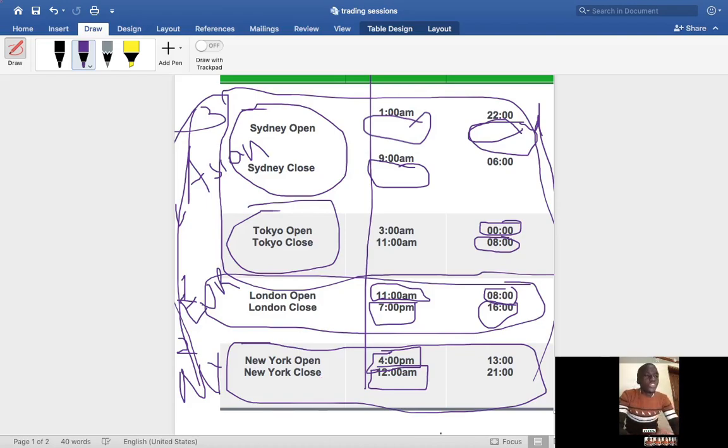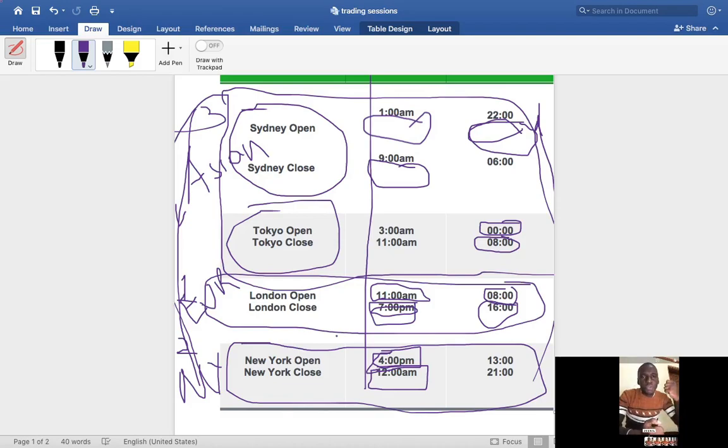This region is between 4 and 7, because this session closes at 7 and the other one opens at 4, so between 4 and 7 is the hot zone. That's where we have the most volatility and the strongest movements in the market.